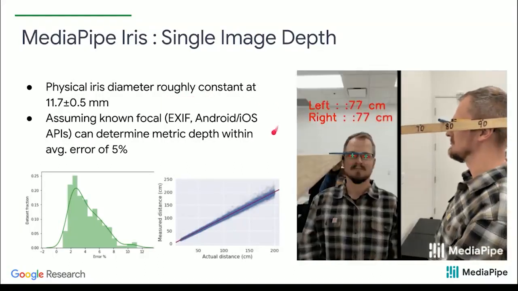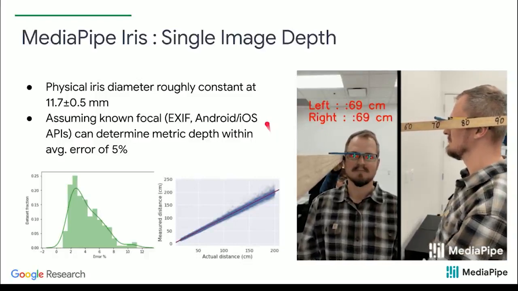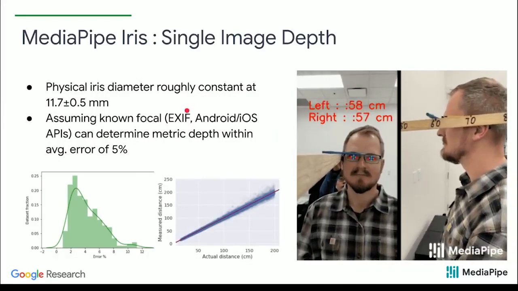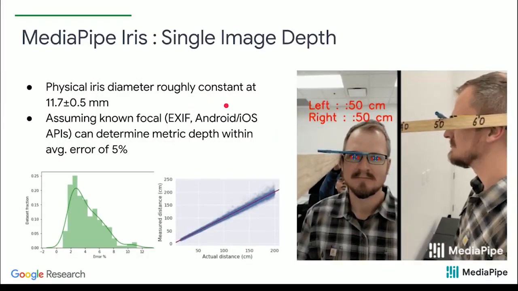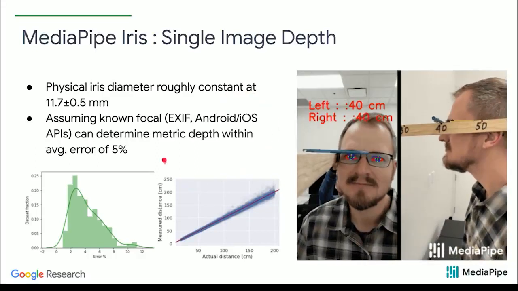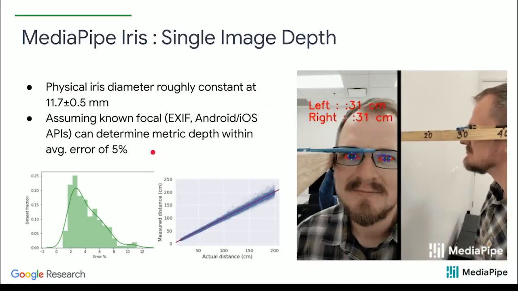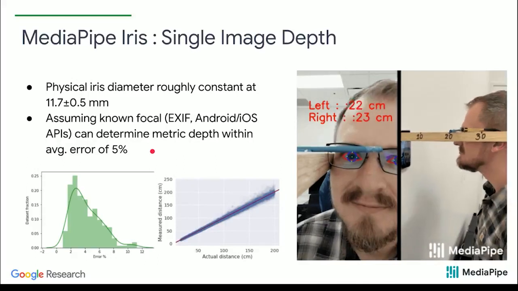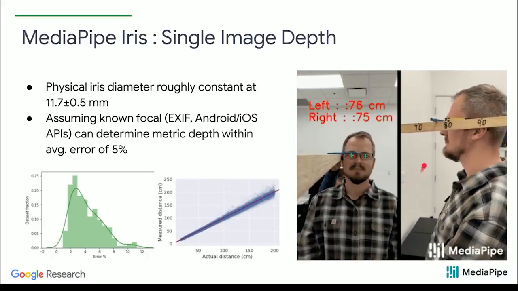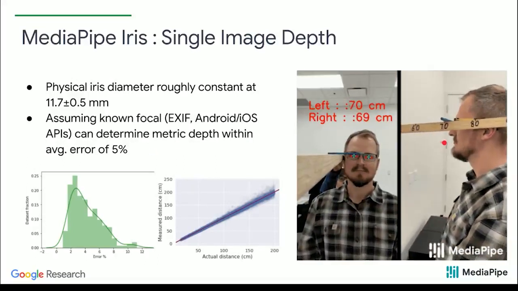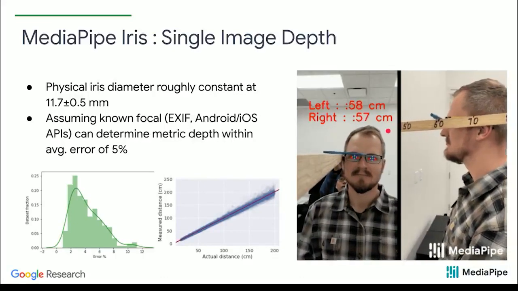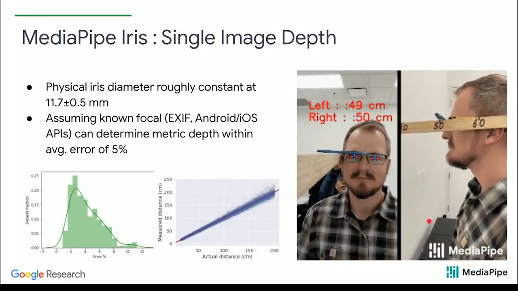And so if you have a known metric focal length, for example, you can obtain that from the EXIF data or any capture API, we're able to show that we can determine metric depth within an error of just roughly 5%.